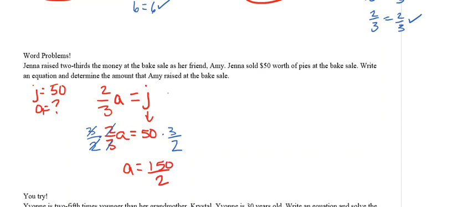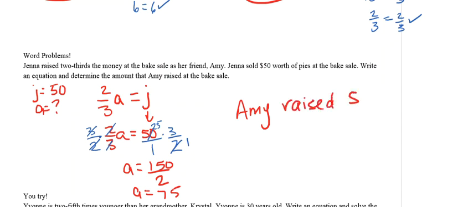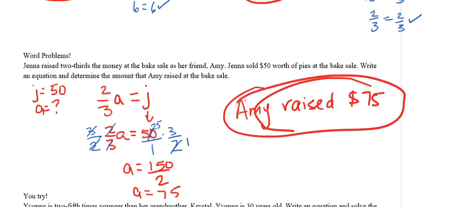Or you could have easily done 25 over 1, okay? And then you simplify that, you're going to get A is $75. So Amy raised 75 bucks.